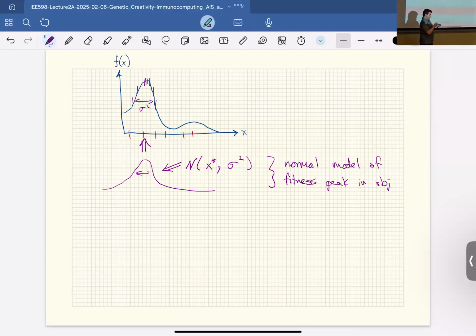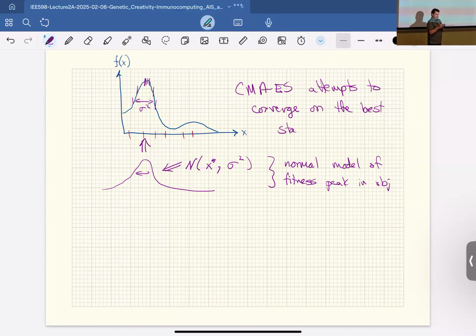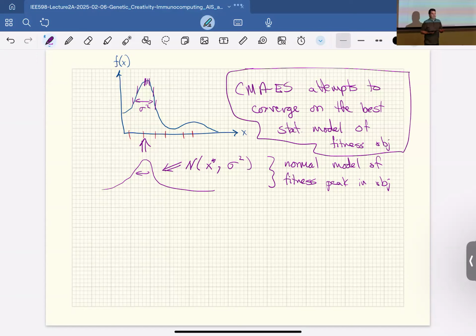So CMA-ES attempts to converge on the best statistical model of the fitness objective. And its population are just samples from that. So then you're going to get variation around that.